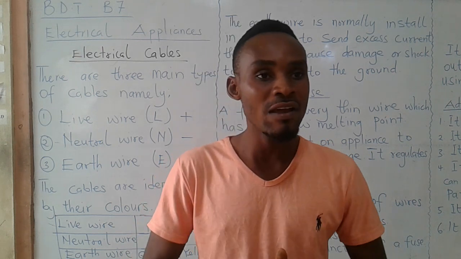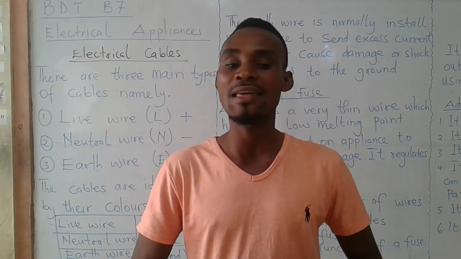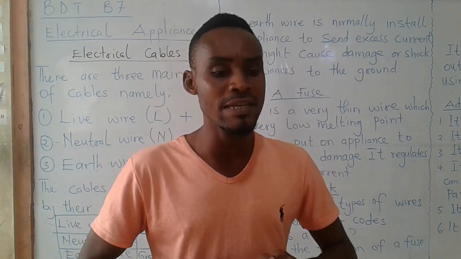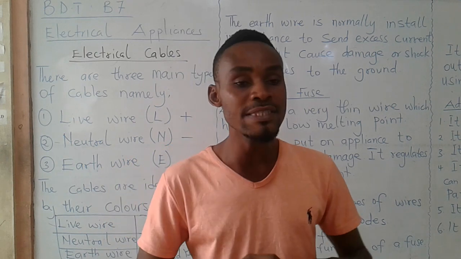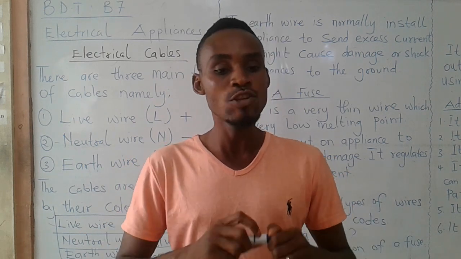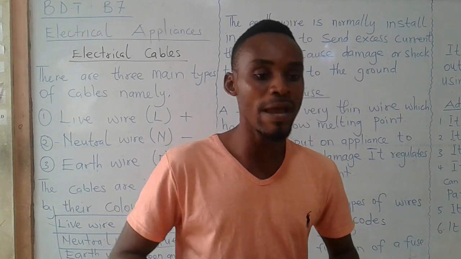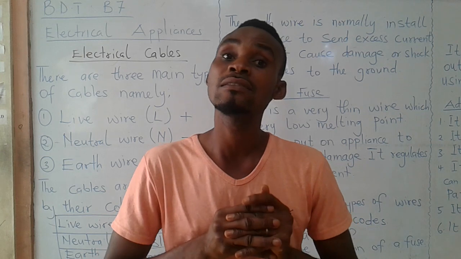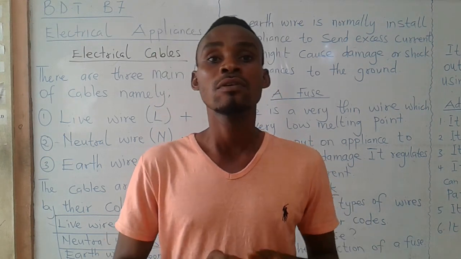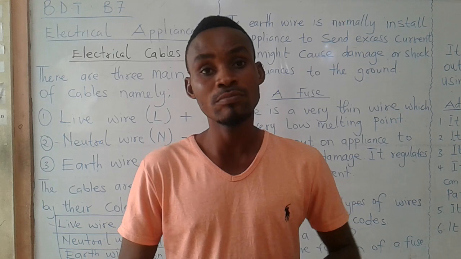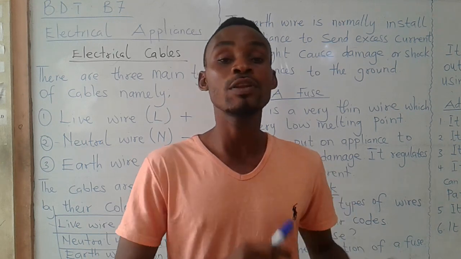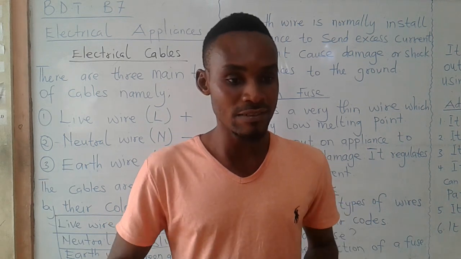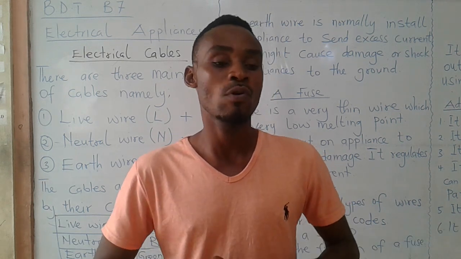Now the live wire is represented by the positive sign, and then the neutral wire is represented by the negative sign. You should bear in mind that all electric current flows from the live wires, or passes through the live wires. That is from the positive side. That is the live wire.